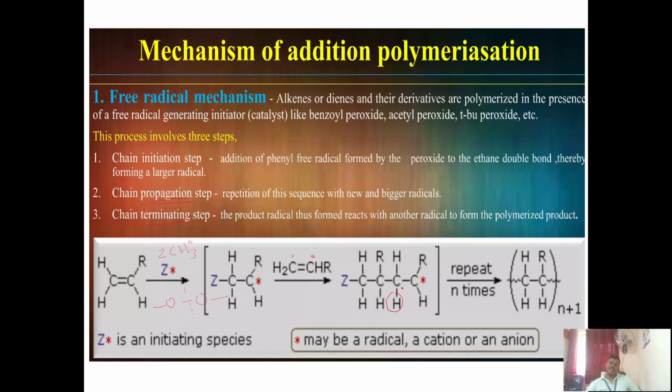How will the carbon get a radical species? Because this bond has two electrons. When this bond is cleaving, one electron will reside over the hydrogen, the other electron will reside over the carbon, and hydrogen will go as a byproduct as hydrogen radical.